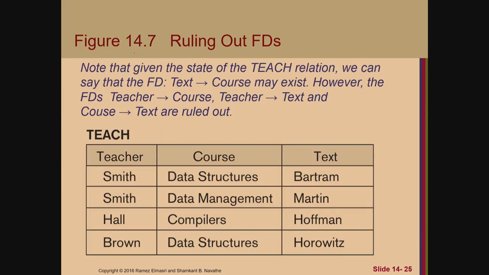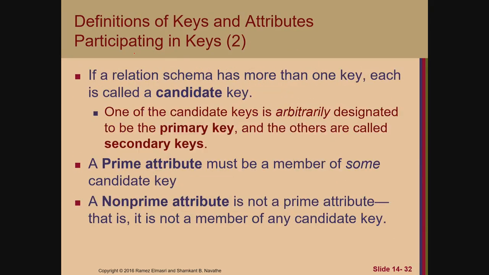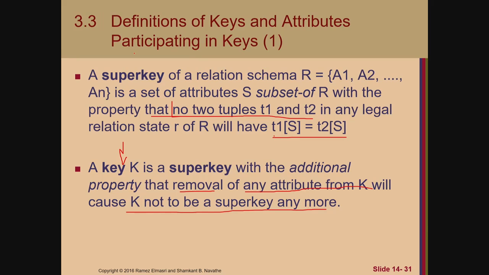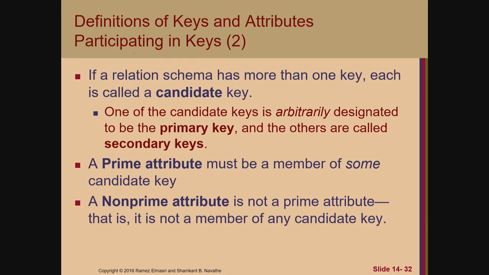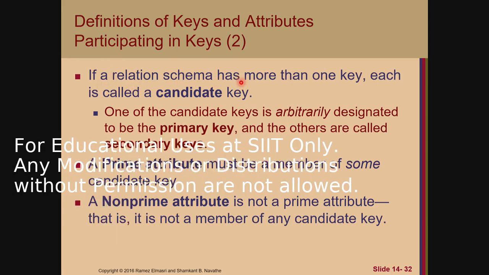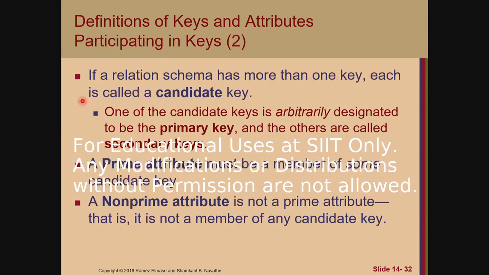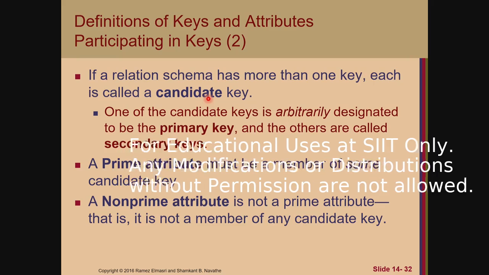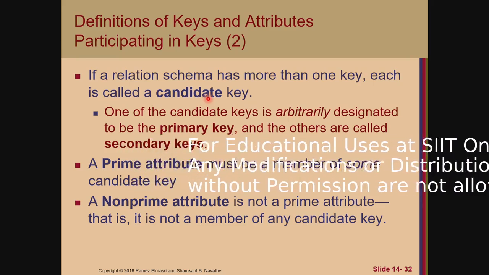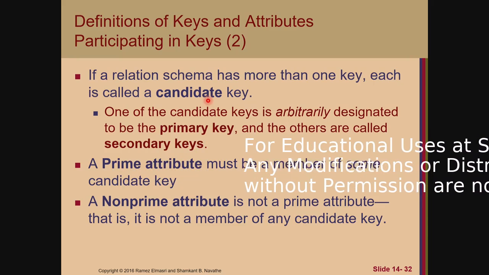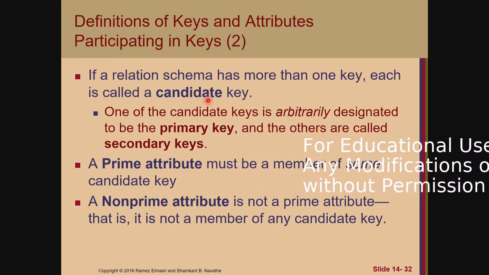What else? Primary key. We already talked about key and super key. If a relation schema has more than one key, each is called a candidate key. For example, in a student table, we have student ID and SSN.